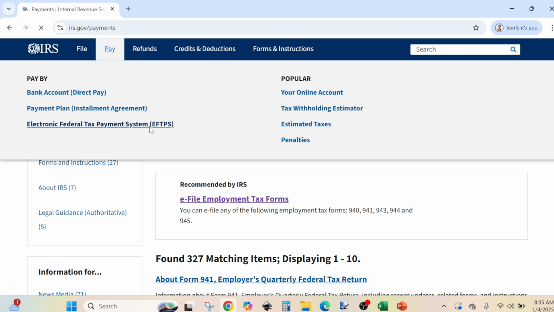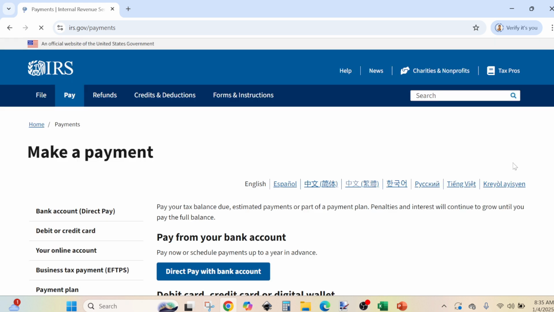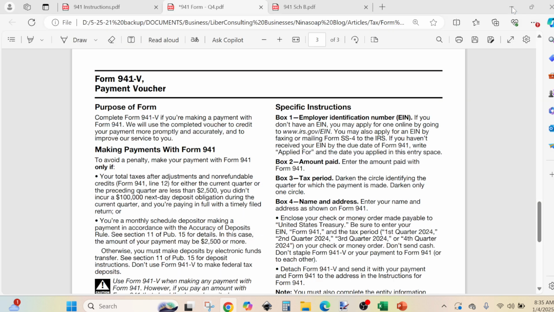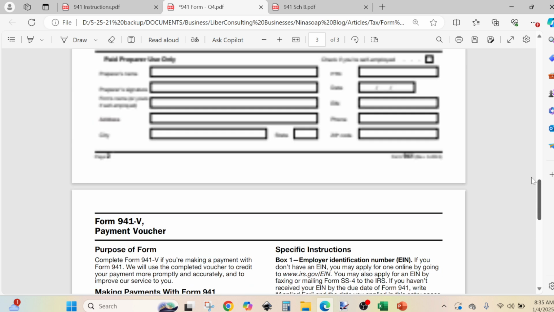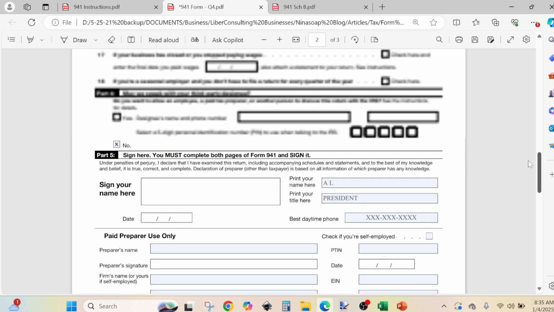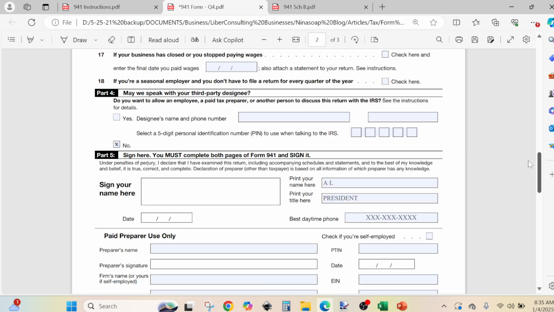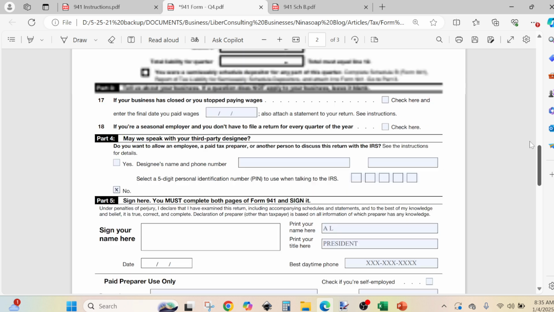Alternatively, if you want to add payment, then you will get a voucher, and you add the amount there. You read your instructions to see how to authorize making the payment with the form instead of depositing or paying online through the EFTPS system.